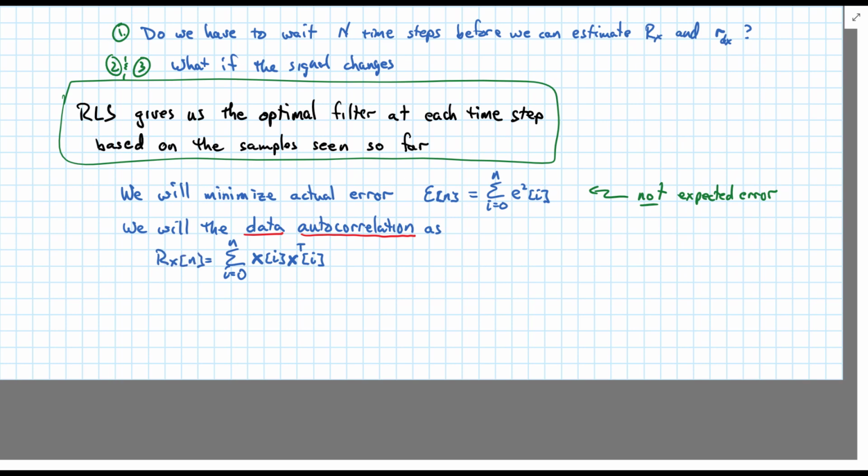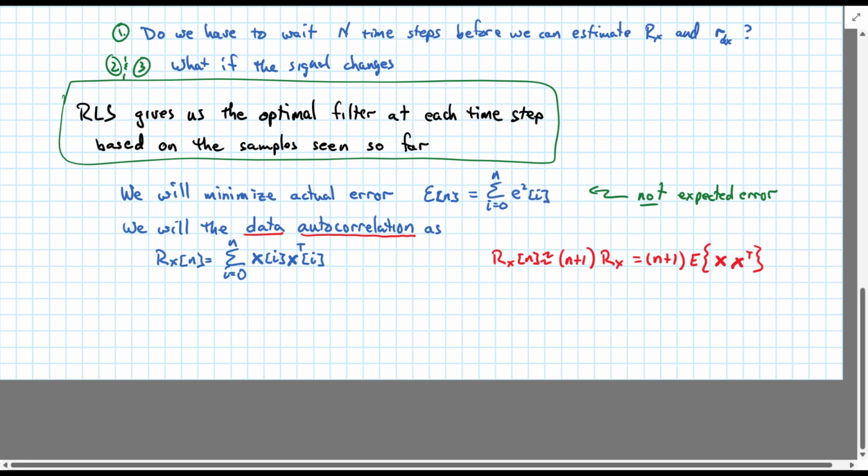Also note that it's a function of n. And as we get more values, we would expect that this is going to be similar to the real autocorrelation. So I've written it over here to kind of drive this home, that this one, indexed by n, is actually equal to, as n gets large, the true autocorrelation Rx, which is the expected value of x times x transpose, times n plus 1.